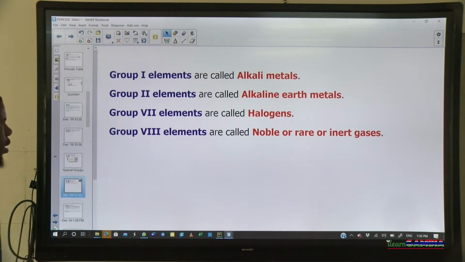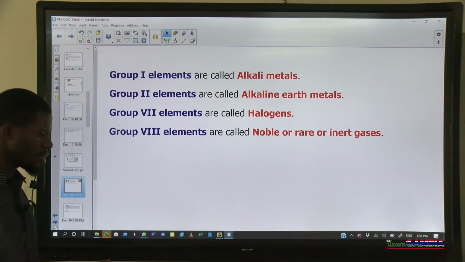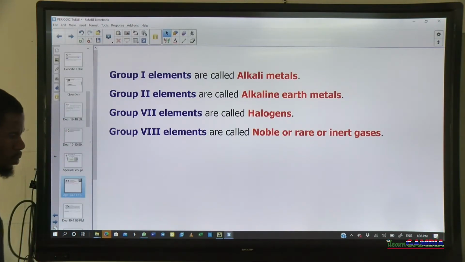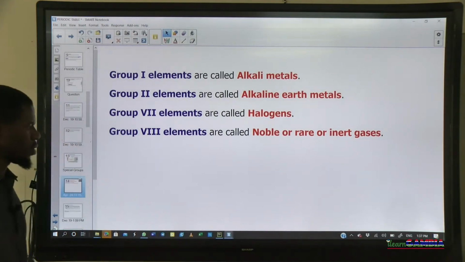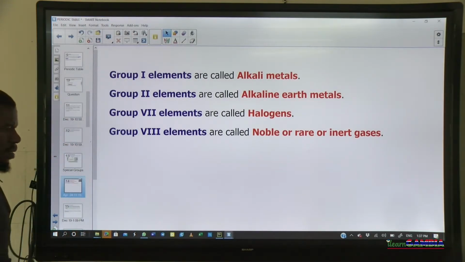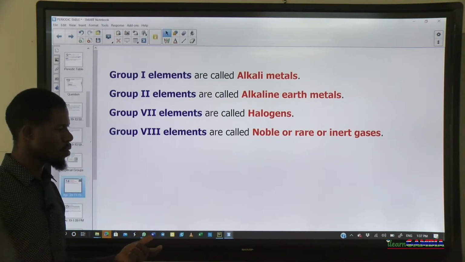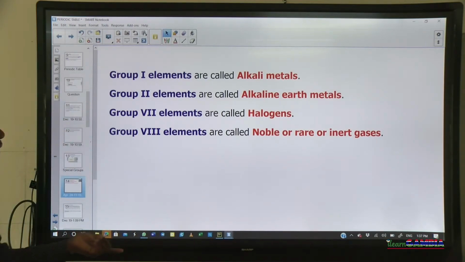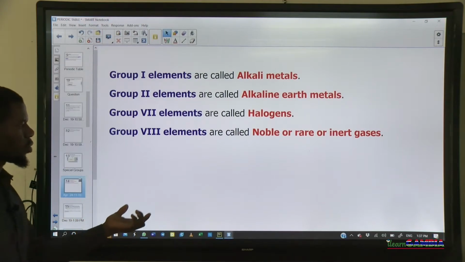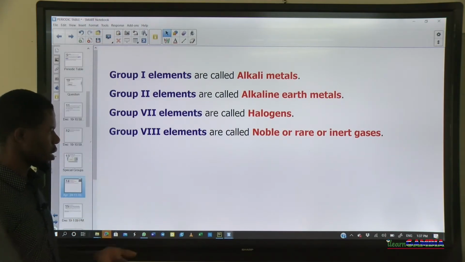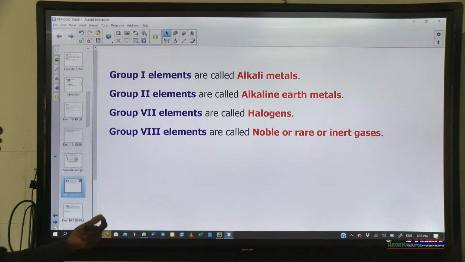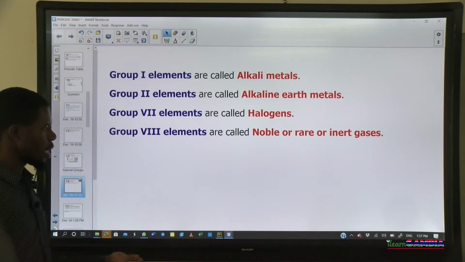And the group 8 elements are called noble because they are seen as the kings of elements in the periodic table. They have an octet, or maximum number of electrons, on their outermost shells. They are called rare gases because before the discovery of electrons, scientists had no idea about their outermost shells. So they didn't frequently find them, because they don't often combine with other elements.